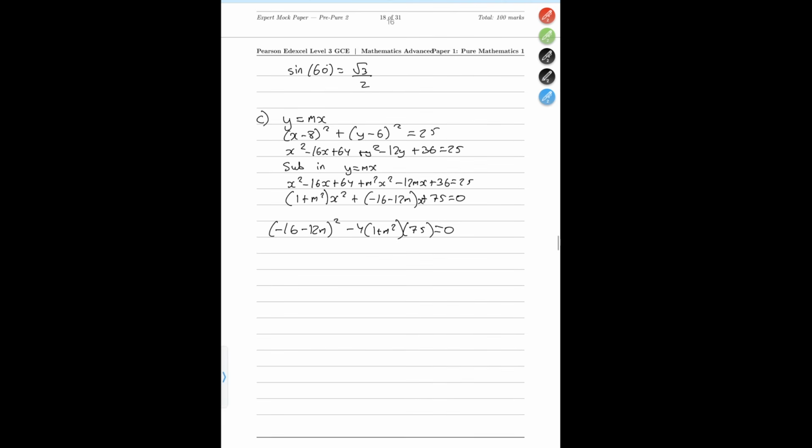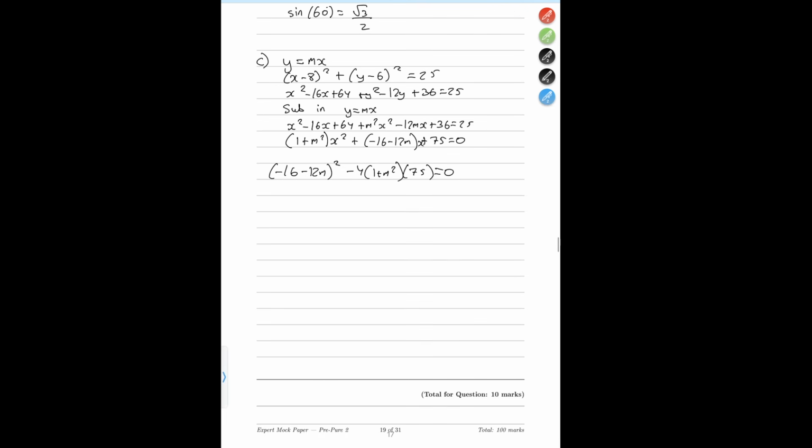So the numbers look pretty bad here, but I don't think it'll be too bad. So 16 squared is 256. So we have to do 2 times 16 times 12, which is 32 times 12, which I believe is 384. I'm going to check that just in case.